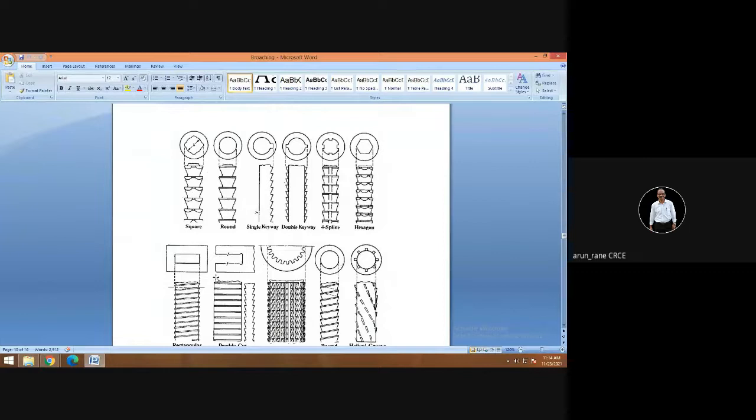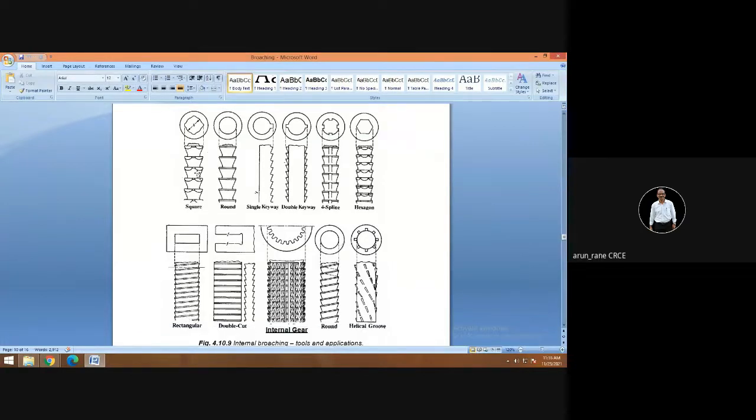These are the different types of broaches. See, a hole need not be only round, it can be square also, or rectangular also. So this is a square broach which is used for finishing square holes, or you can have a rectangular broach also.